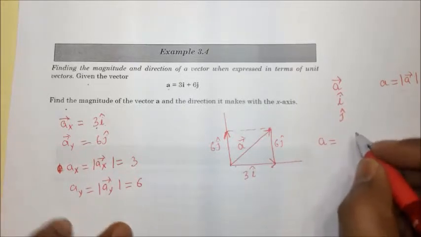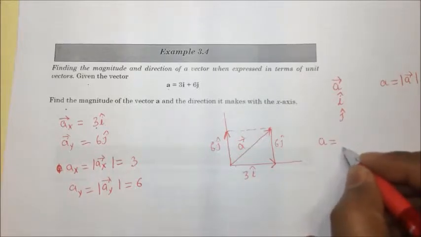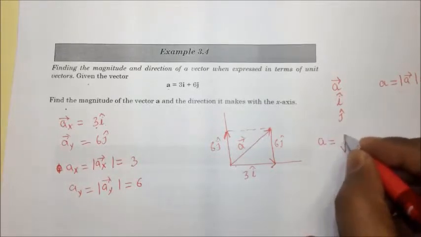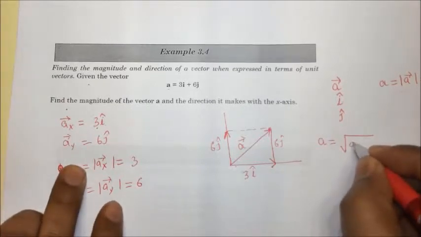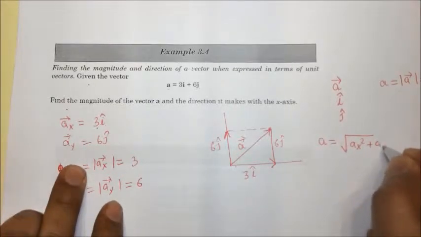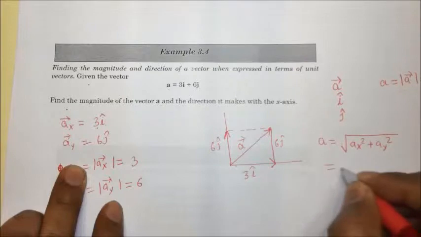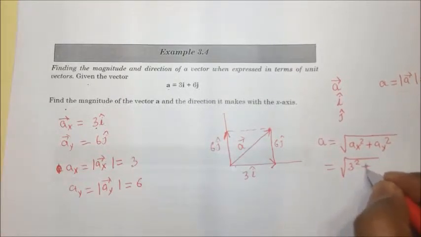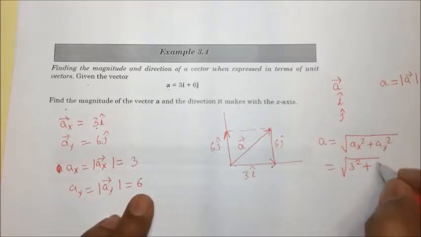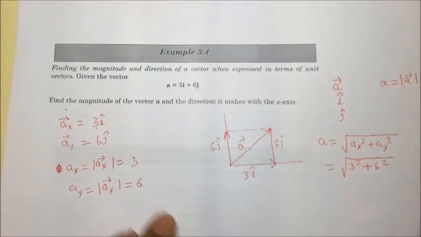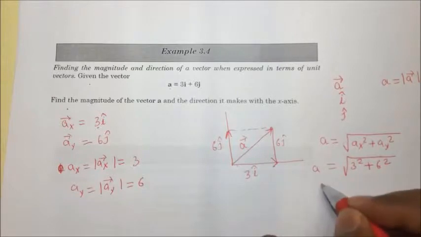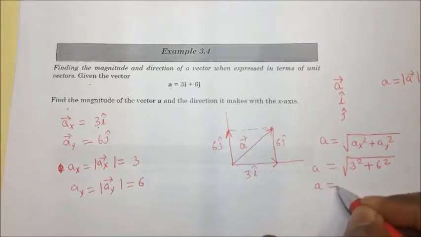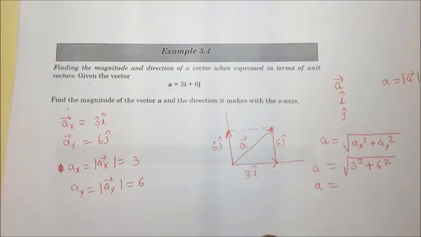So A is going to be the square root of AX square plus AY square, that is going to be 3 square plus 6 square, and you can find A is going to be the square root of 9 plus 36.